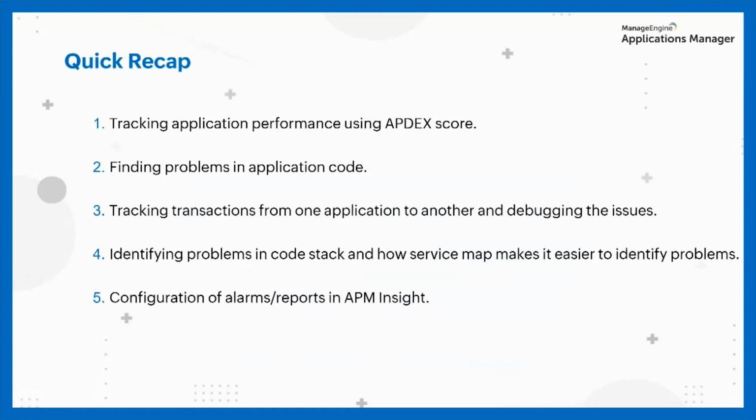So let us see a quick recap. We had discussed tracking the application performance using the Apdex score. We had discussed finding out the problems within your application code and tracking the transactions from one application to another application and debugging the issues using distributed tracing.